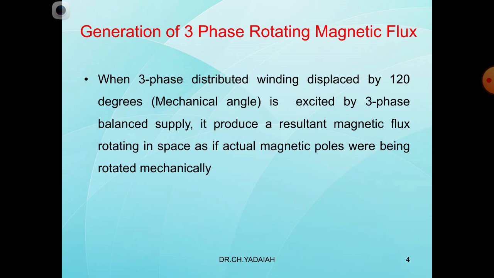Then the stator magnetic field and rotor magnetic field are coupled to each other. Once the rotor rotates at the same speed as the stator magnetic field, the relative motion between the rotor damper bars and the stator magnetic field is zero.